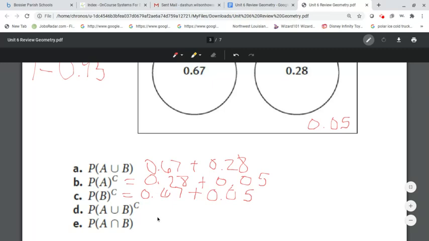And the probability that it is not A or B is going to be neither A nor B, which is 0.5. All right, the probability of A intersect B. Again, these are mutually exclusive, so that means that they will not intersect, so this will never happen. So we will say the probability is 0.